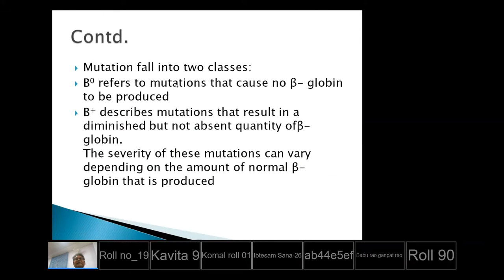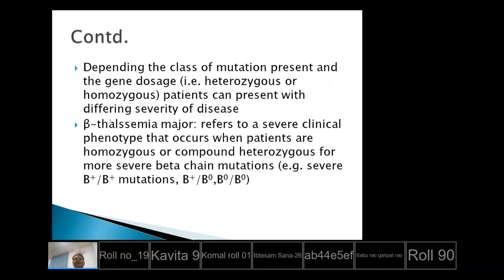Mutations fall into classes. Beta 0 refers to mutations that cause no beta globin to be produced. Beta plus describes mutations that result in a diminished but not absent quantity of beta globin. The severity of these mutations can vary depending upon the amount of normal beta globin that is produced. Depending on the class of mutation present and the gene dosage, that is heterozygous or homozygous, patients can present with different severity of disease.